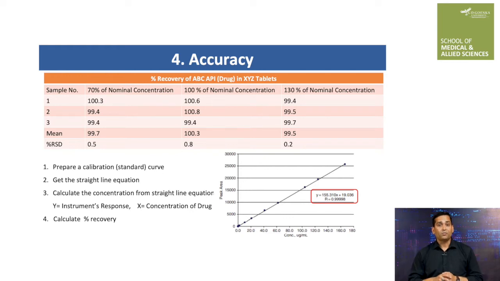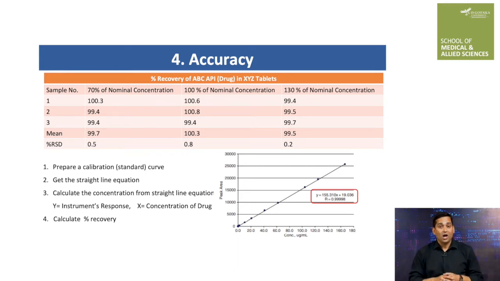Percentage recovery studies were performed at 70%, 100% and 130% of sample concentration. Percentage recovery data were obtained 3 times and presented as mean with percentage relative standard deviation or percentage RSD.